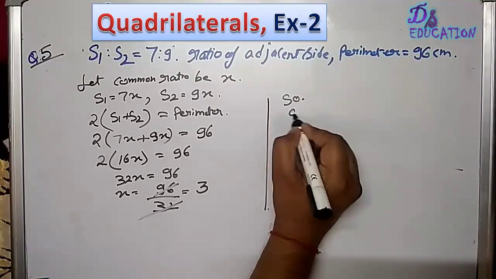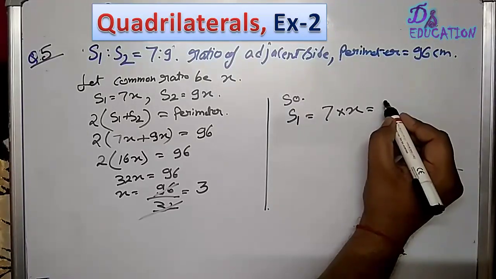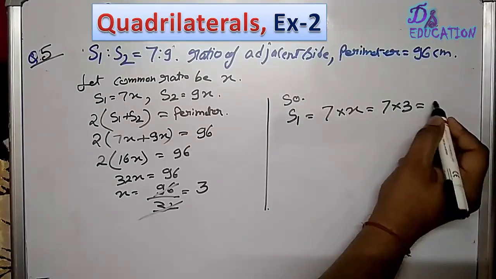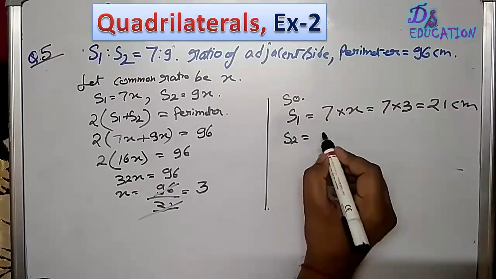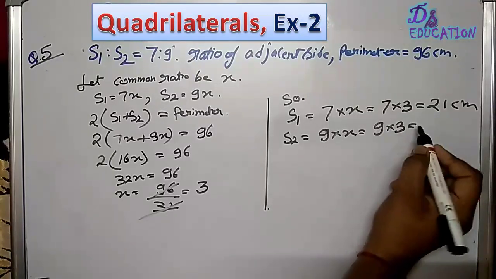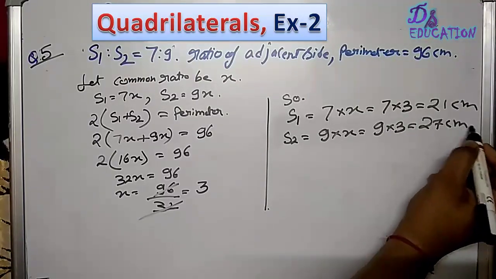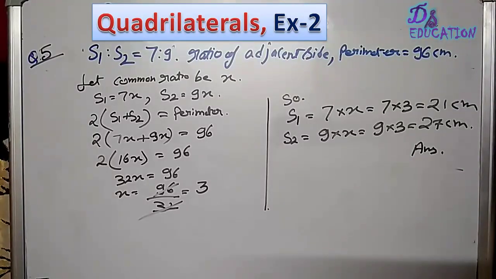So S1 is equal to 7 into x is equal to 7 into 3, that is 21 centimeters, and S2 is equal to 9 into x, that is 9 3s are 27 centimeters. So these were your answers.